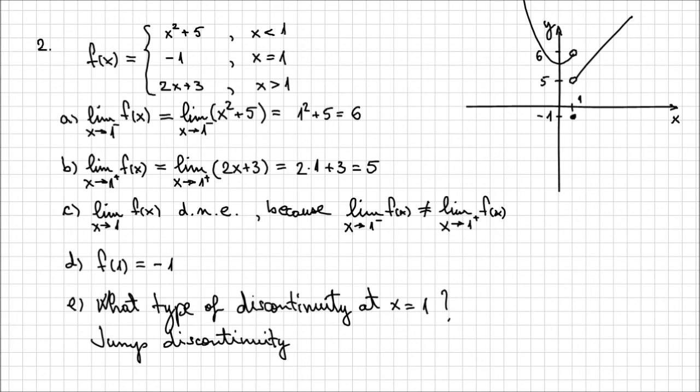So you see we have this jump from 6 to 5. If we didn't have the middle branch for this function, or in other words, we wouldn't have any value for f of 1, then it would have been a removable discontinuity, but we have that value as well. So the function has a value for any value of x, but it has this jump. So therefore, the discontinuity is a jump discontinuity.